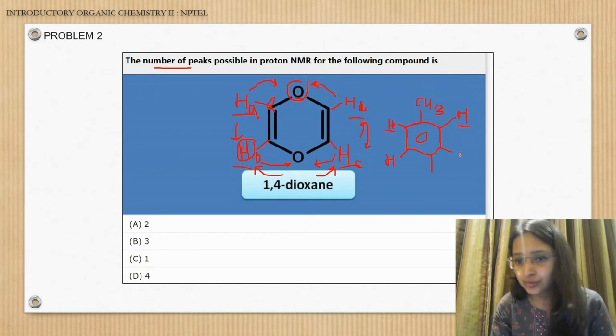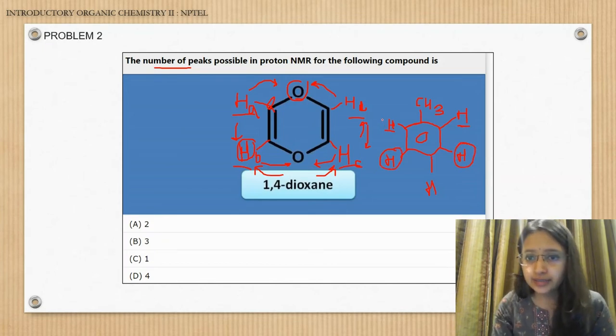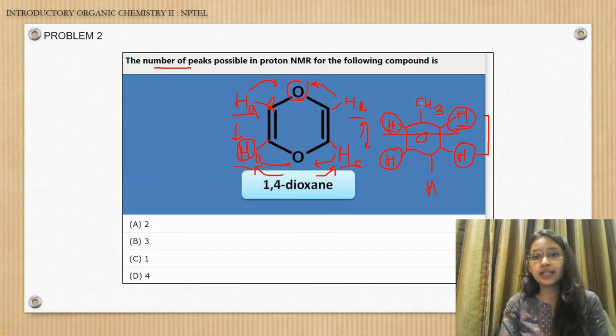Because for these hydrogens, one hydrogen is again the environment they are facing. So these are two chemically equivalent protons, and these two are again similar protons. The signal we are going to get for these four protons is different, because for these two protons the methyl environment and hydrogen environment are there.